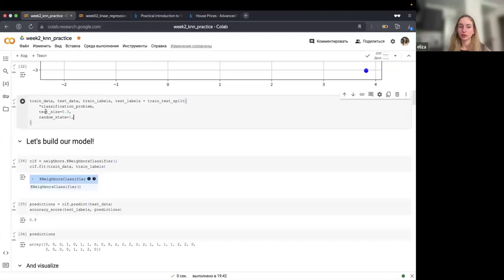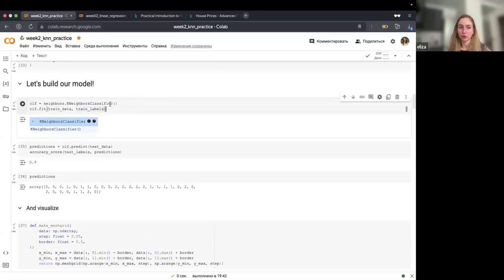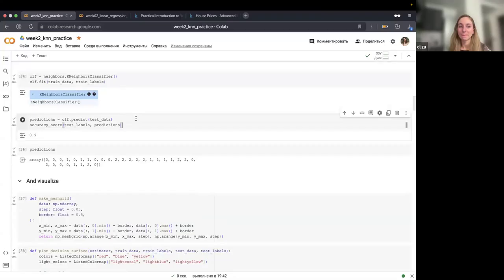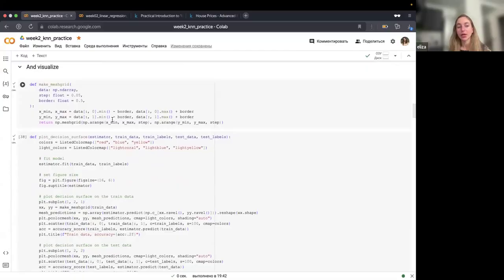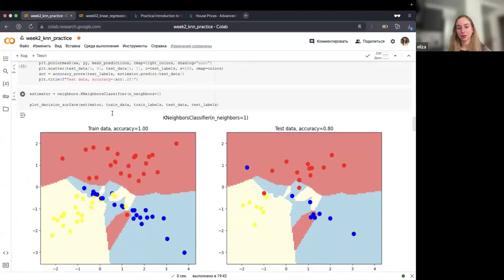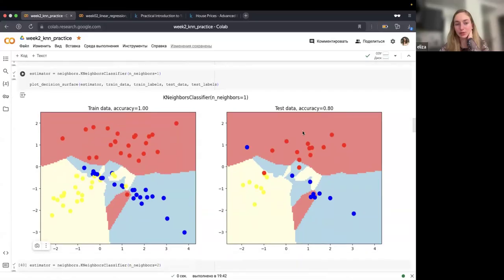Okay, you split your dataset into training and test data. Call the neighbors classifier, and get the predictions. You can visualize results with different amounts of neighbors, and notice how your accuracy metrics change.